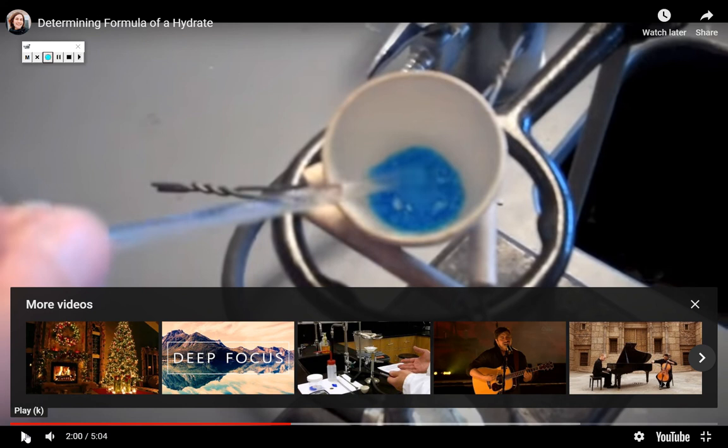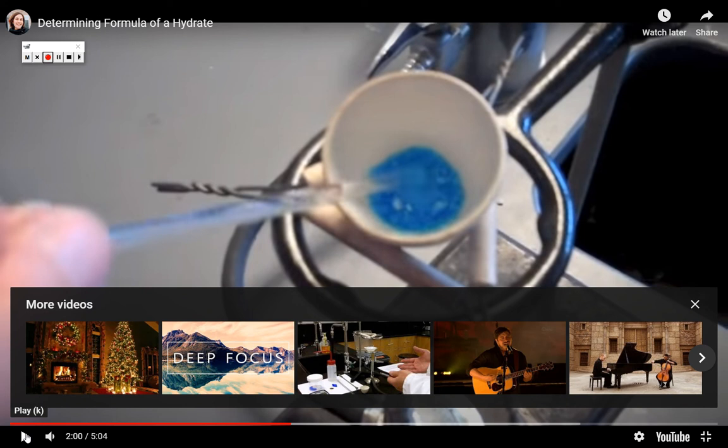Does anybody want me to go back? Did you guys get it? So in the end, what you're trying to do is get, similar to what you did yesterday with the magnesium oxide, as much of the white anhydrous copper sulfate in the crucible. So if it's wet and sticking to the stirring rod, then you're not weighing that mass, right? So that can be an error.